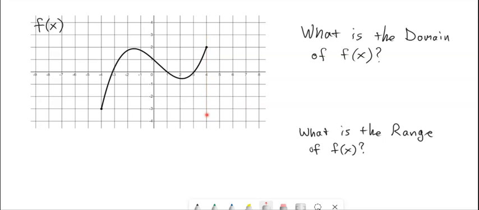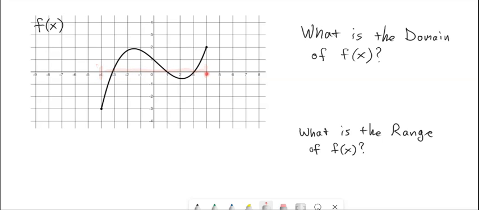The graph begins here at -4 and it ends at +4. If we were to go less than -4, you would see that there's no graph. If we were to go to the right of 4, you would see that there's no graph. Therefore, the domain is limited. There are inputs only from -4 up to 4.